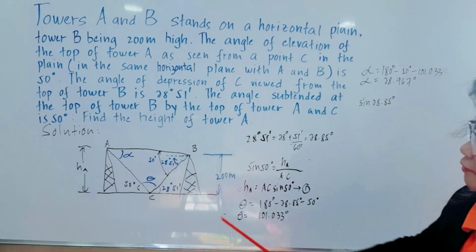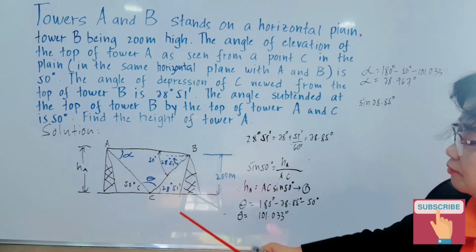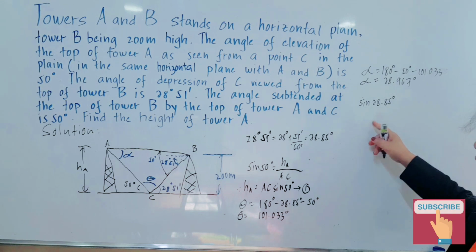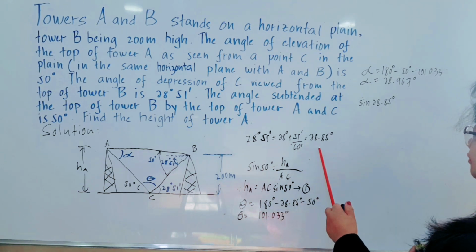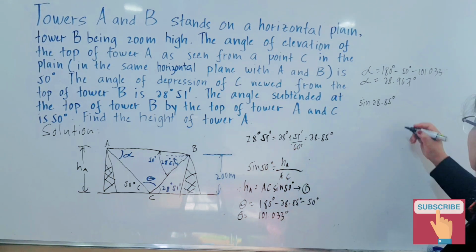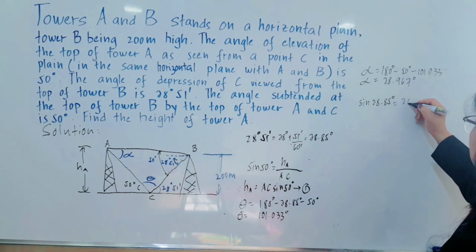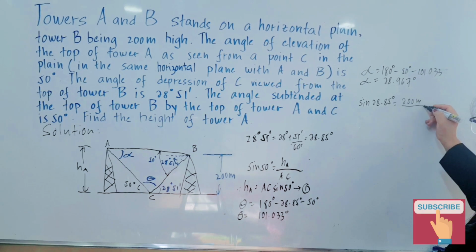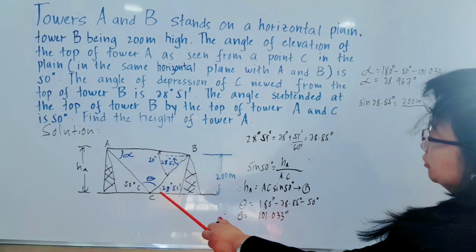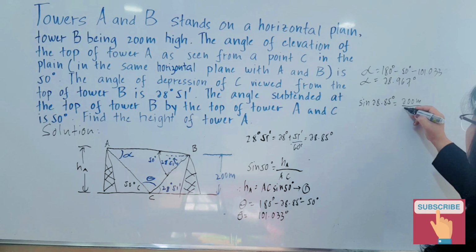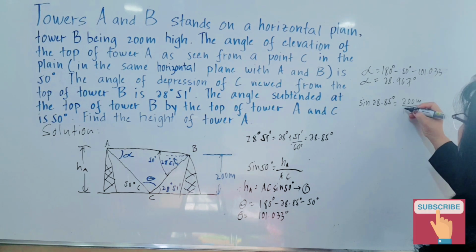Therefore, from this diagram, we can say sine of 28.85 degrees equals the opposite, which is 200 meters, divided by the hypotenuse, which is BC.